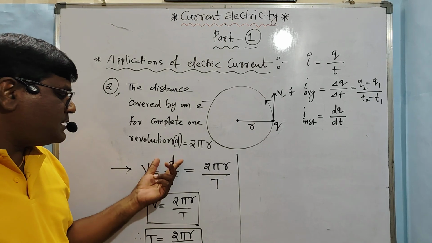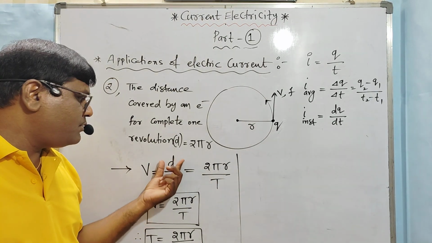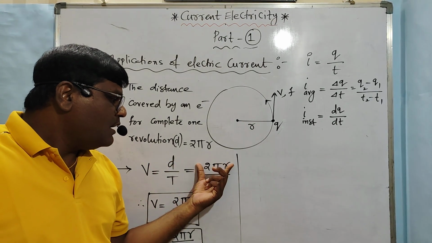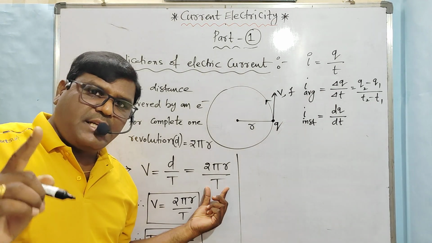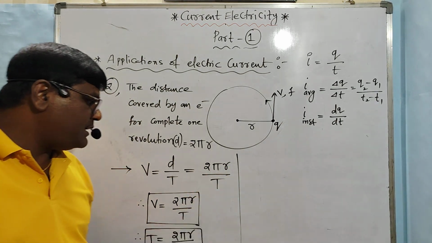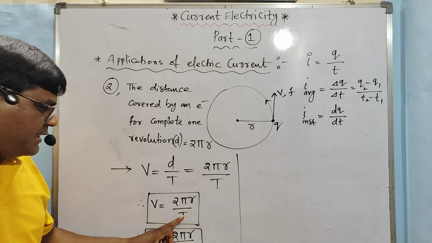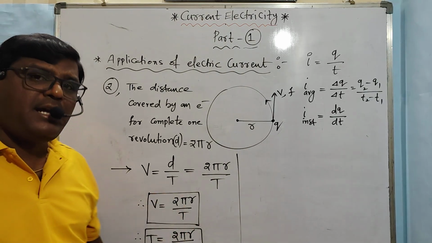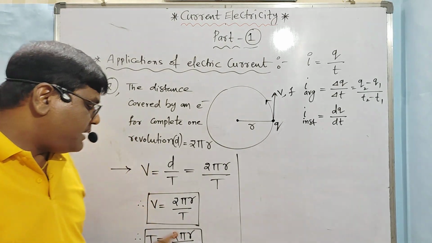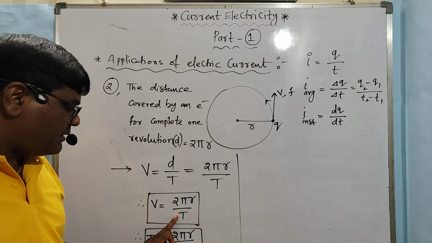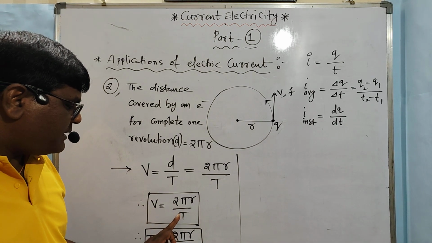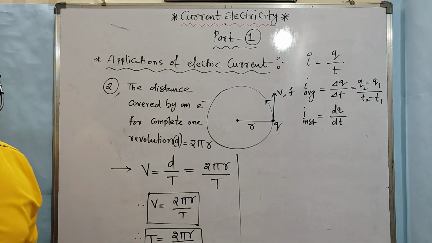From speed is equal to distance by time, that is the distance covered in a time interval of t seconds, 2 pi r by t. So speed is finally 2 pi r by t. We can write t is equal to 2 pi r by v. This is the way we can find the time if they are given. So by substituting the time, we will get the value of the speed of that charge in a circular path.